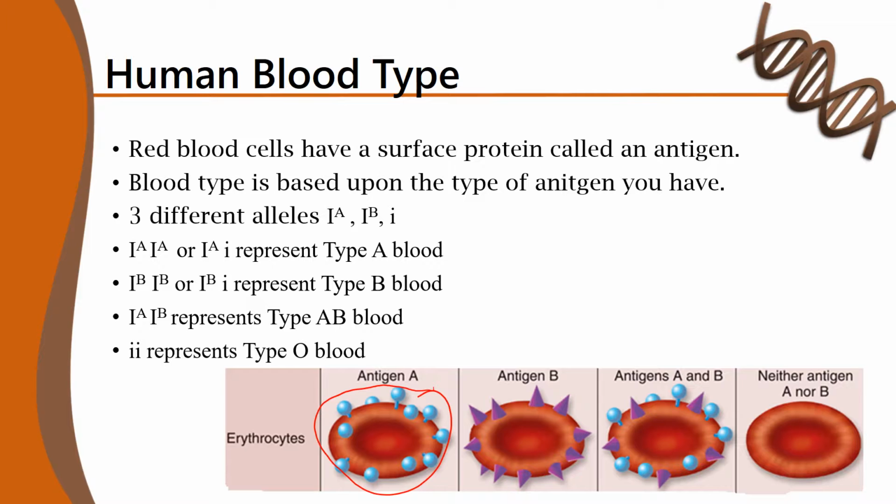If you have IB or IB little i, you have type B blood and you only have the B antigen. If you have IA and IB, that's AB blood and you have both antigens. And if you have little i, you have type O blood and you have neither A nor B antigens.